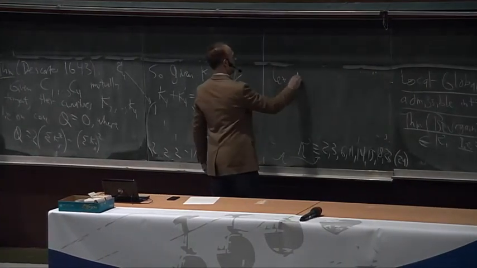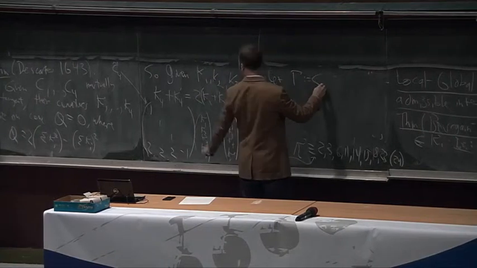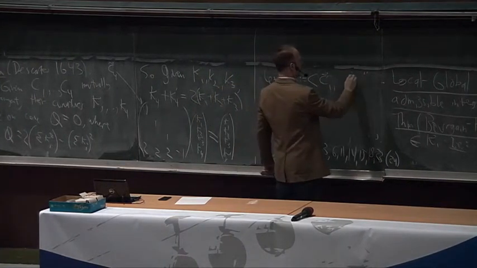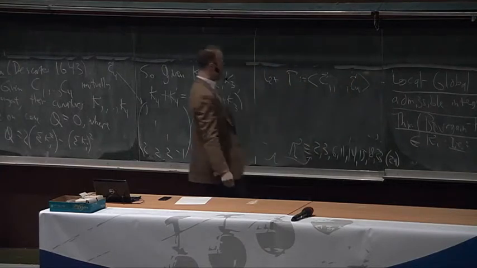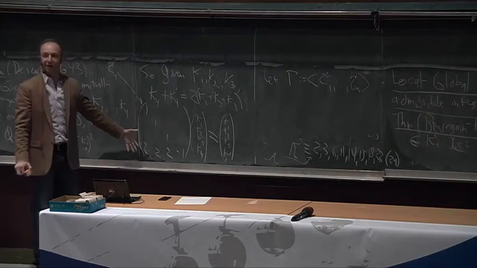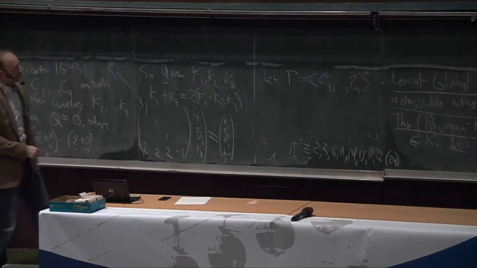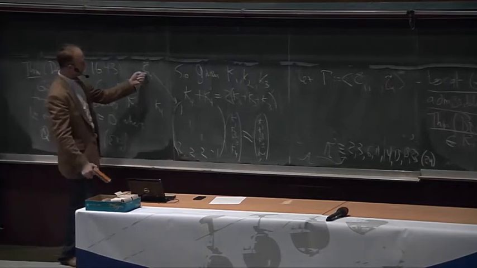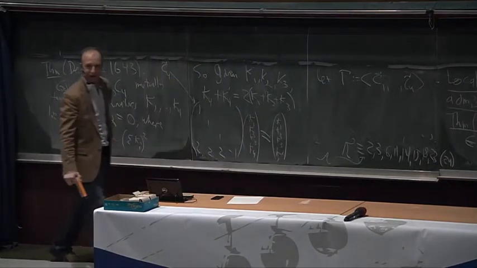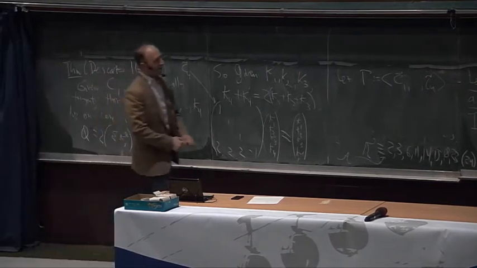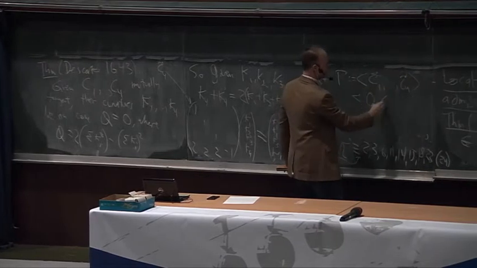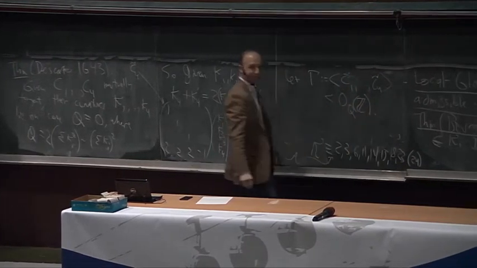So let gamma be the group defined by these 4, C1 tilde through C4 tilde, these 4 4x4 matrices with integer entries. Now, observe that each of these matrices, by construction, preserves this original quadratic form. So this is a subgroup of the orthogonal group preserving Q, and as we just said, it has integer entries.